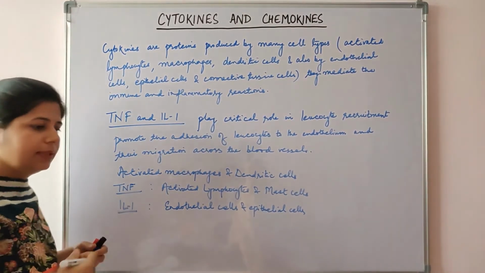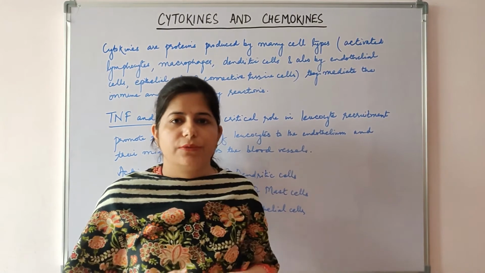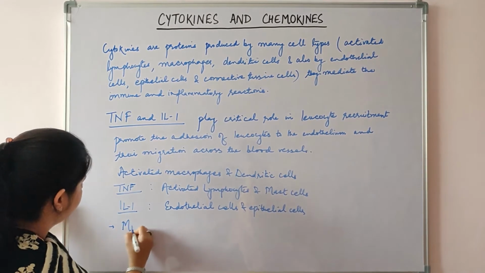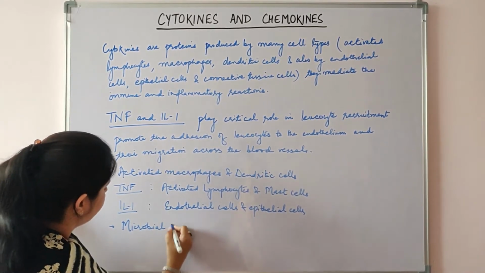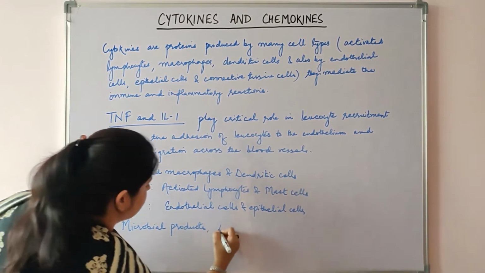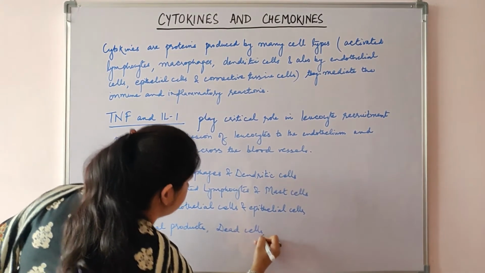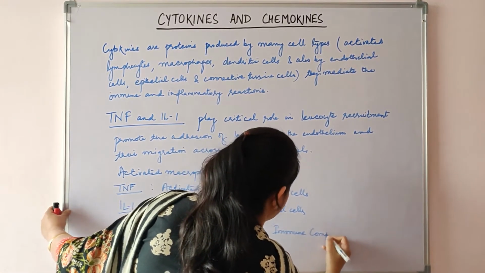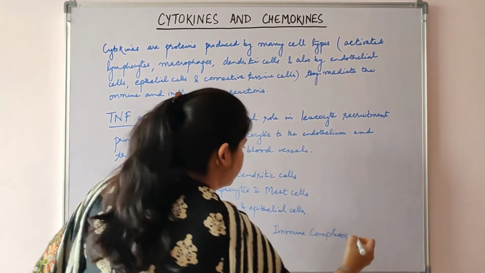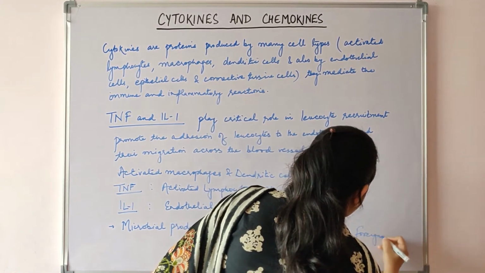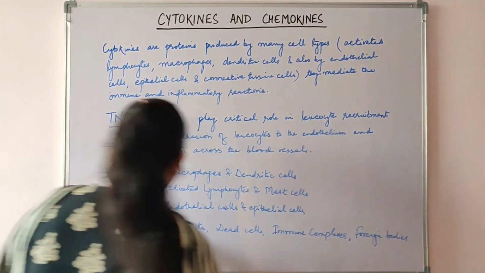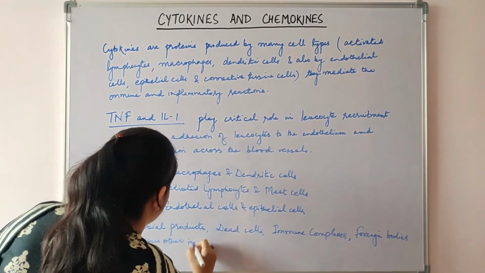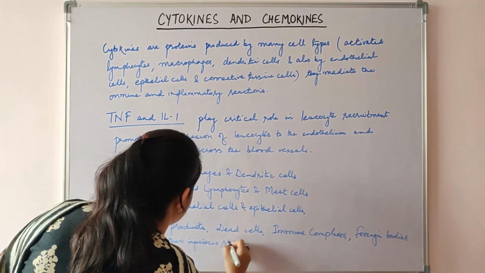And what are the stimuli that lead to release of tumor necrosis factor and interleukin 1? These are the microbial products, dead cells, immune complexes, foreign bodies, and various other injurious stimuli.